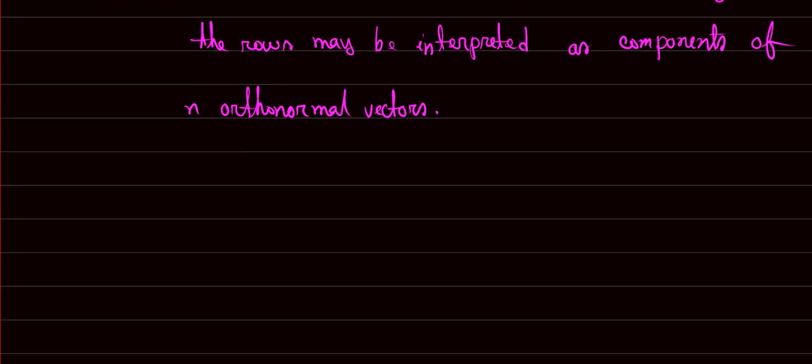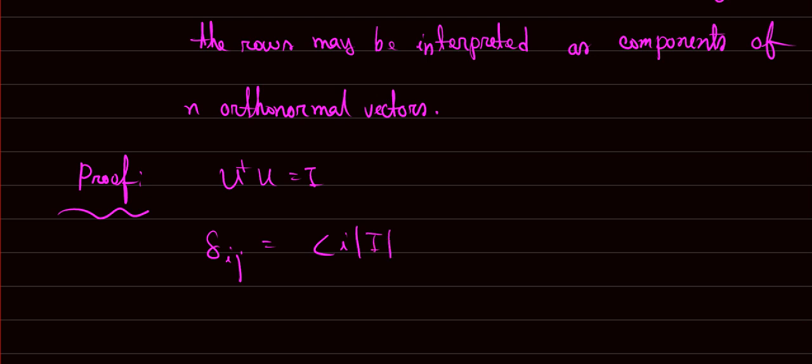What is the proof of this? From the definition of a unitary matrix, we know this, and from the elements of the identity matrix, the identity operator, we know this. So we can write from I to unitary this.